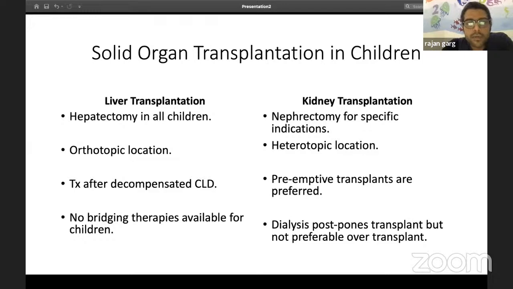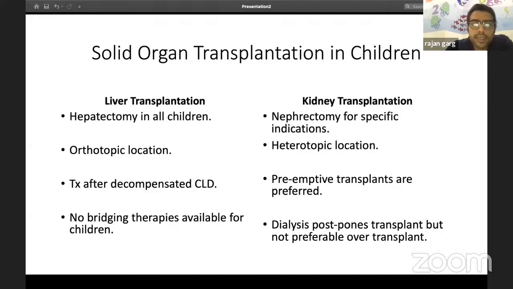In cases of liver transplantation, the surgical process involves that we remove the full liver and replace the complete liver by a new liver, whether the graft is a complete liver or a half liver. But in case of kidney transplant, there are very specific indications for removing the native kidney.